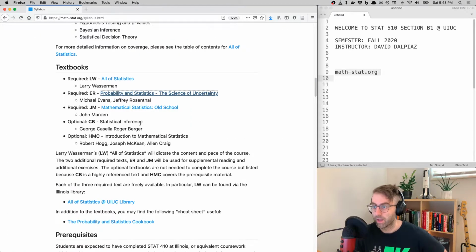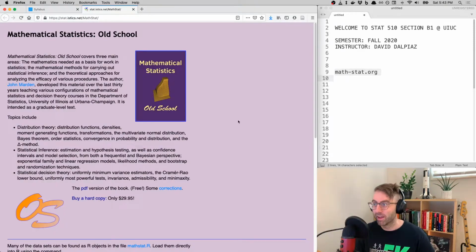Another book that I feel contractually obligated to occasionally reference is Mathematical Statistics: Old School by John Marden, who was one of my professors in grad school, whose notes more or less got me through grad school. He has this wonderful, also free book online.